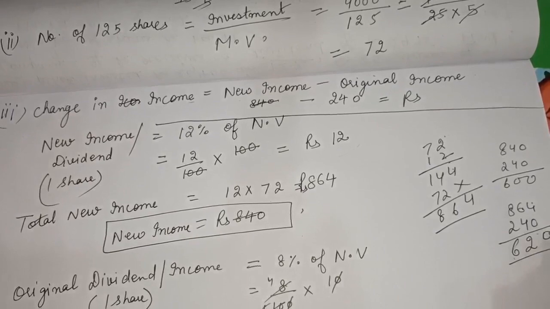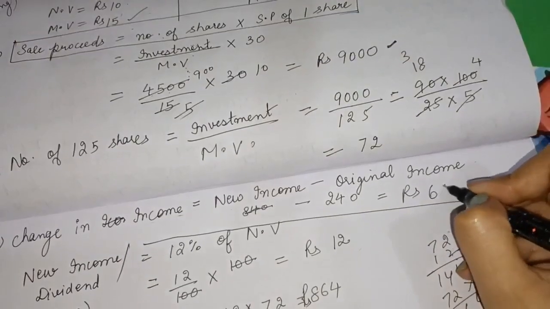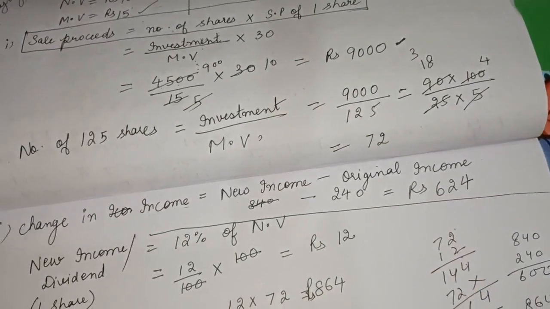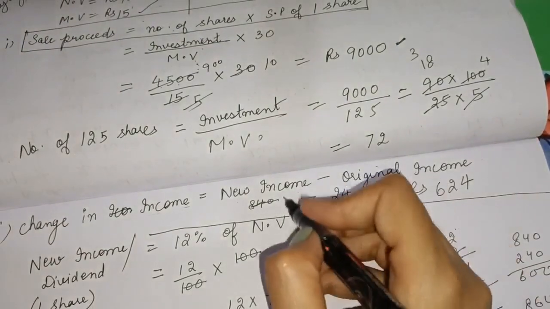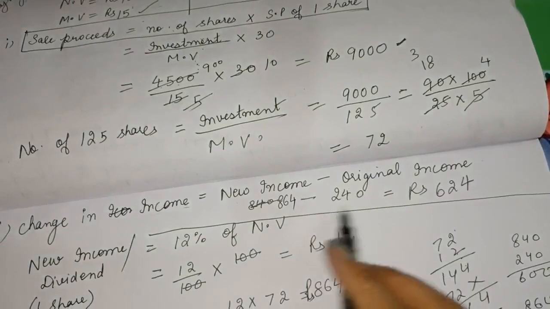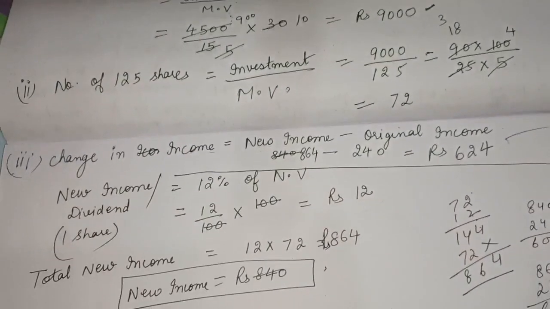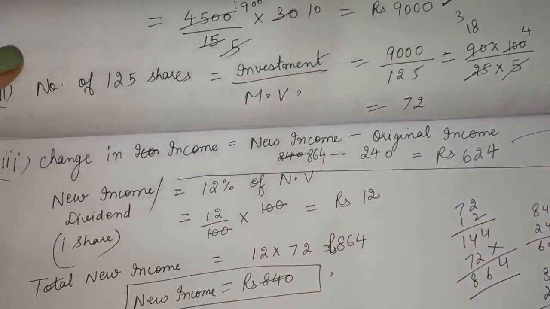So we have got 624. It was 240 and 864 minus 240, so 624. Okay, I'll just show.